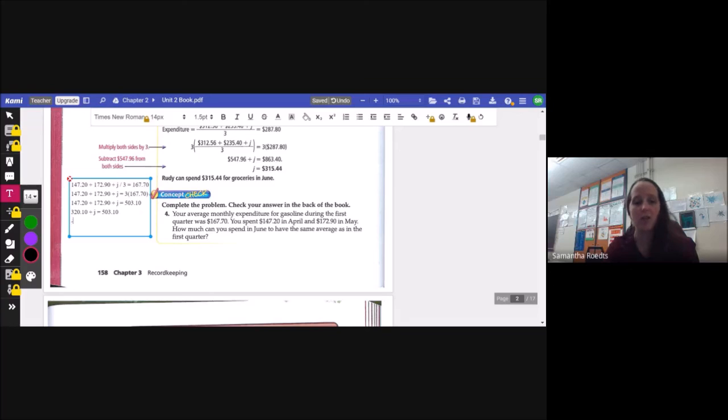Now I'm going to subtract 320 from both sides, which gives me 183. So you can spend $183 on gasoline to keep your average monthly expenditure.